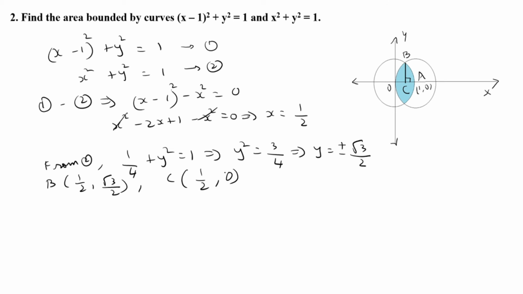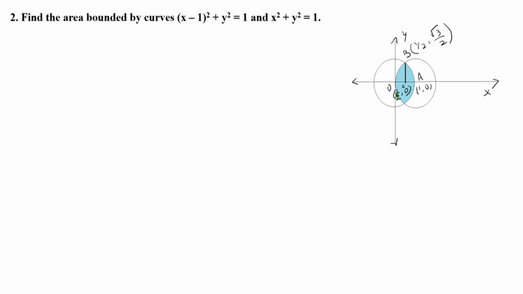So now what we can do, we can find the required area as two times area of this part OCB plus BCA. So when we are able to find 2 times the area of this part, we will get the area of the shaded region. Now let me continue in the next page.